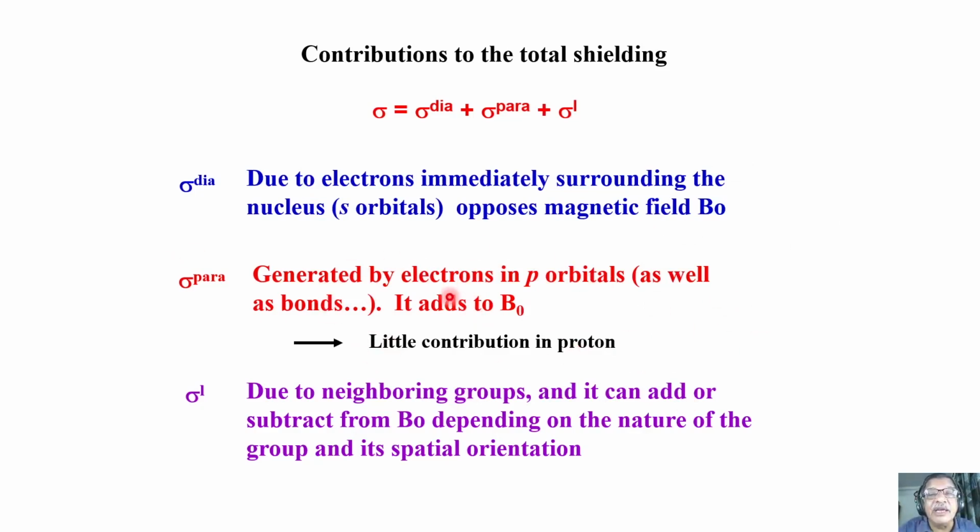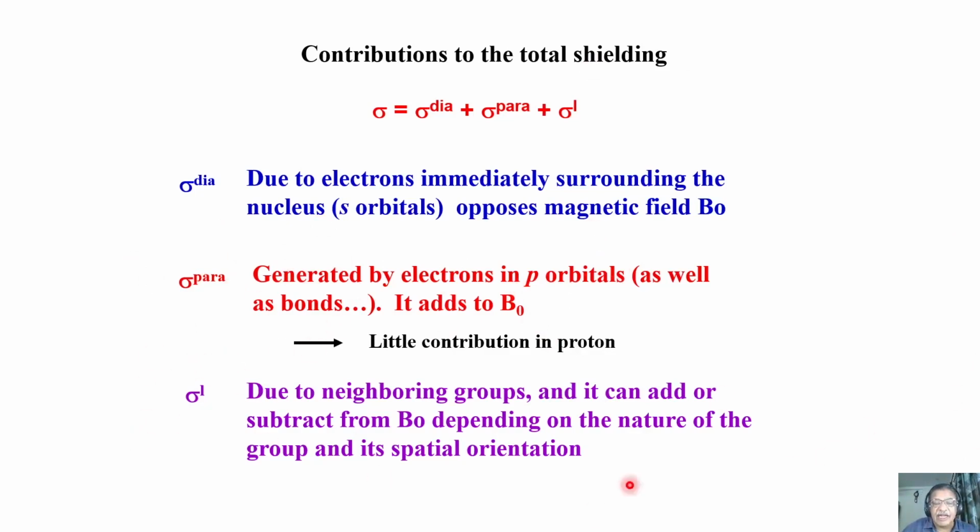What do I mean by X nuclei? In NMR jargon, generally any nucleus apart from proton is called an X nucleus. Whereas the proton spectrum is studied the maximum number of times, maximum studies are on proton. So any nuclei like carbon, silicon, nitrogen are considered to be X nuclei. So for X nuclei other than proton, this contribution becomes dominant. What is sigma N?